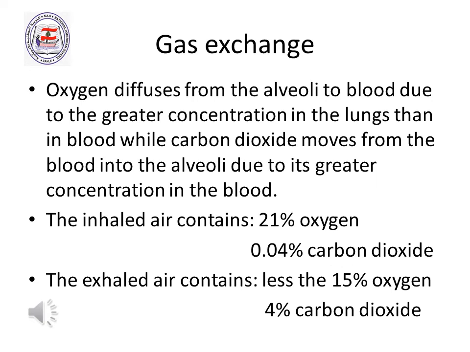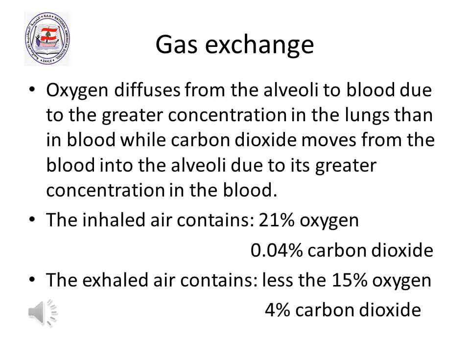How are gases exchanged in the alveoli? Oxygen diffuses from the alveoli to blood due to the greater concentration in the lungs than in the blood, while carbon dioxide moves from the blood into the alveoli due to its greater concentration in the blood.